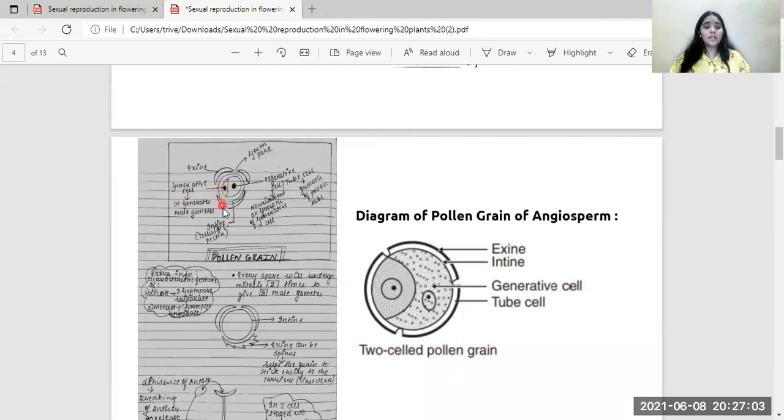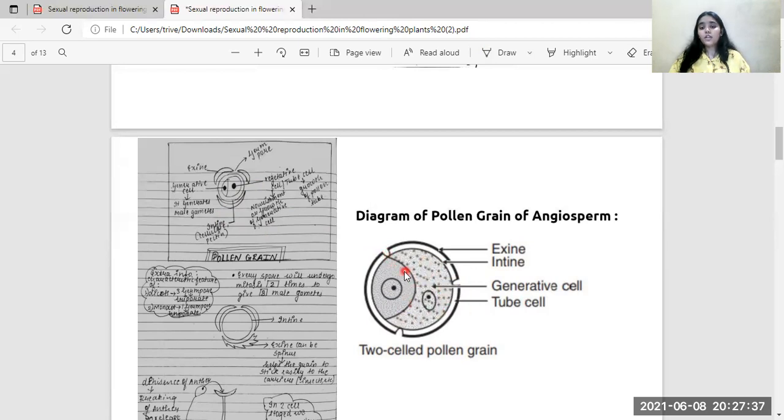Here, as we can see, the pollen grain has the outer layer, which is known as the exine, formed by the secretion of sporopollenin by the tapetum. The inner layer of the pollen grain is the intine, and the space here is known as the germ pore.